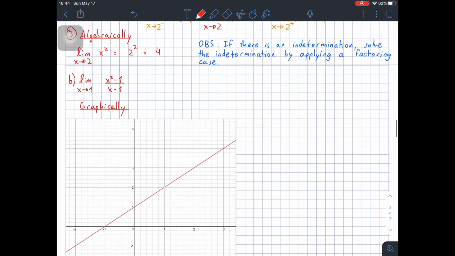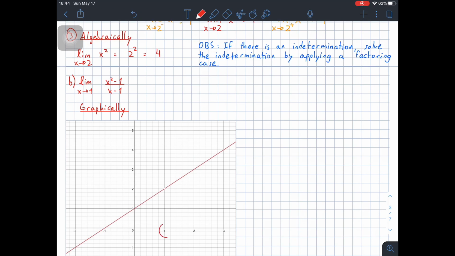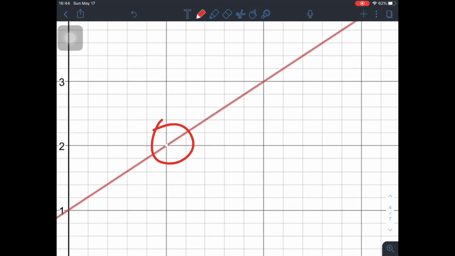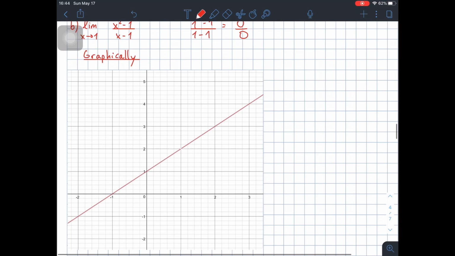Because if you try replacing the x value with 1, you will get 1 squared minus 1 divided by 1 minus 1, and this is a famous 0 over 0 case, which is an indetermination, right? That's why we're getting this small gap in here, okay?